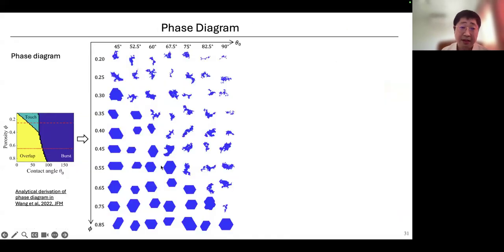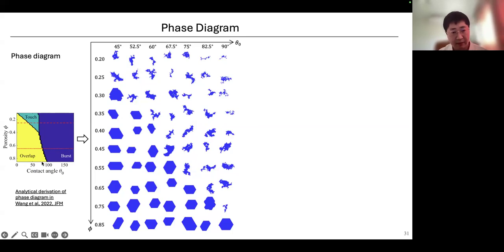In the next slide, on the vertical axis is the packing porosity, and on the horizontal axis is the contact angle. We see that there's a transition from compact and hexagonal shape to an irregular or capillary fingering regime. Then, going back to the pore-scale interface instabilities, we can analytically derive the phase diagram.